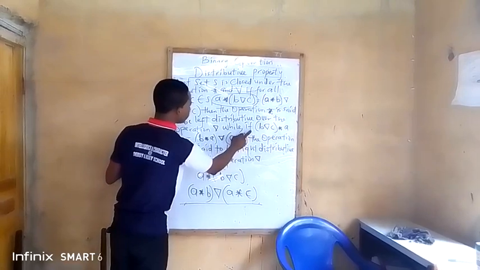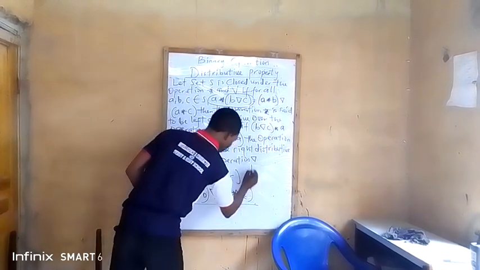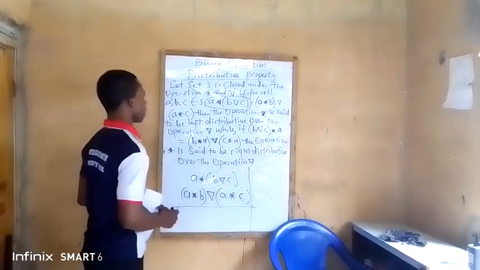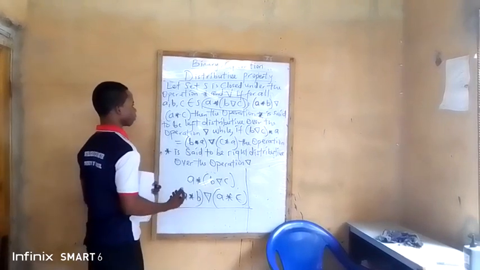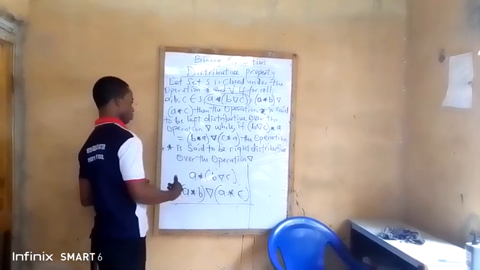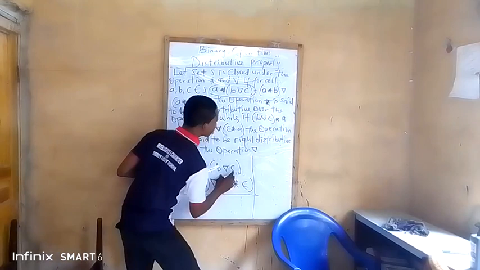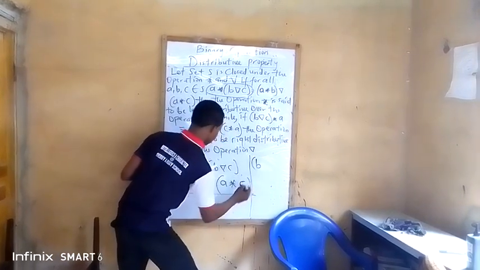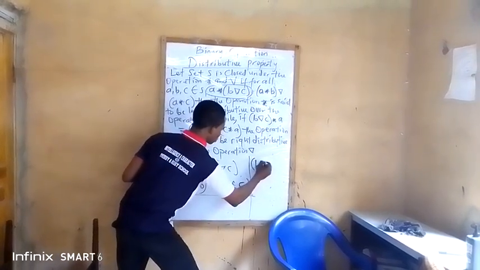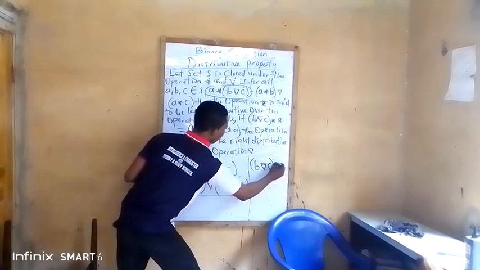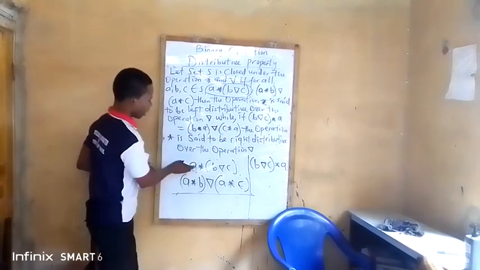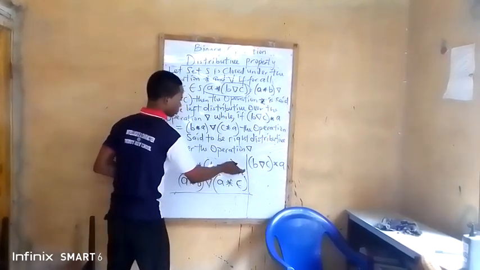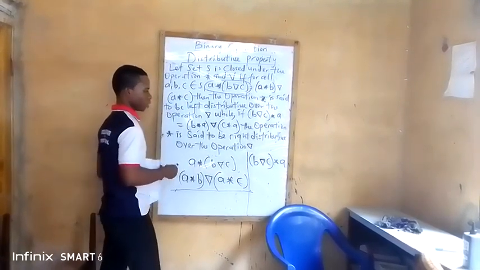For this to be distributive, I can also bring it in the form of right. That means I can also write it like this: B for all C, asterisk A. I bring this one to this side and bring the other back to the left.